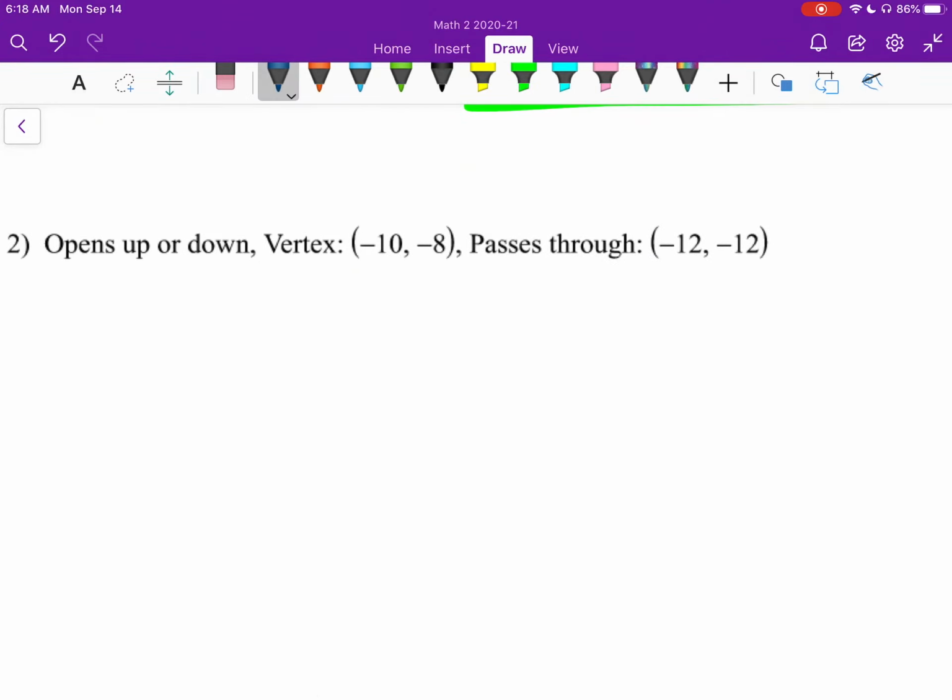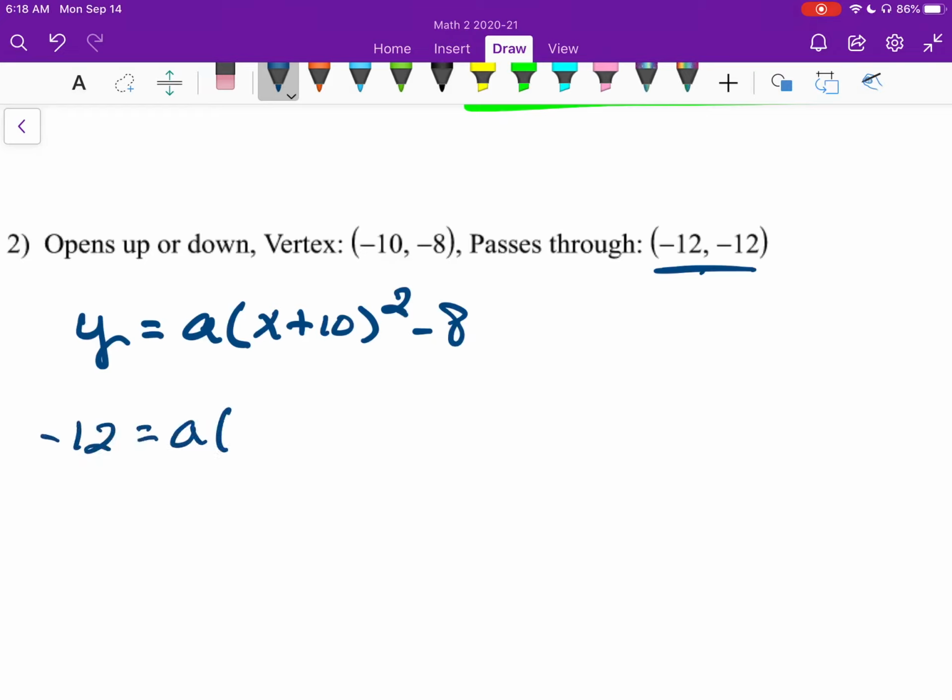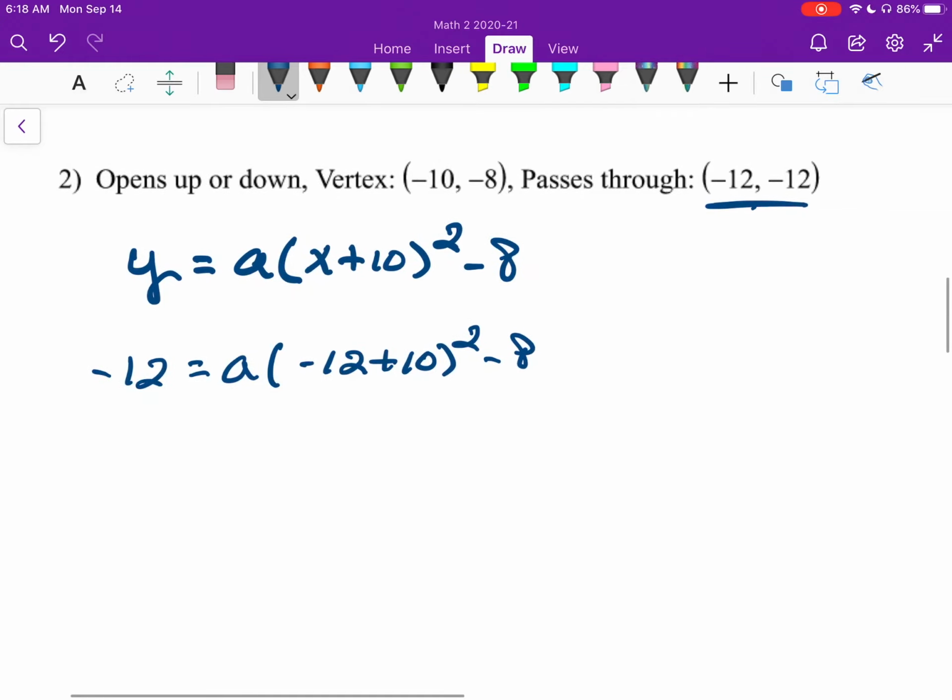All right, number 2. I'm going to plug my vertex directly in, so I'm going to get y equals a(x plus 10) squared minus 8. So I'll plug in my point over there. So I'm going to have negative 12 equals a(negative 12 plus 10) squared minus 8. Well, this is the same thing as negative 4 equals a, and this is going to be 2 squared.